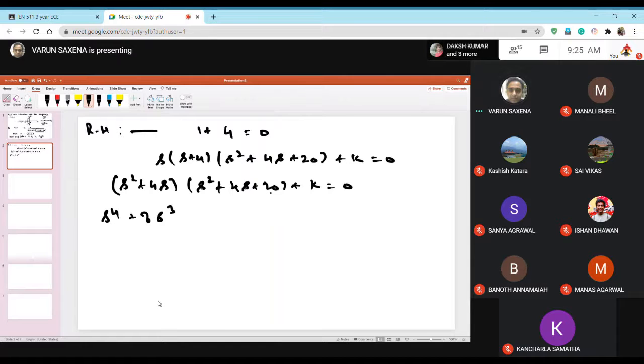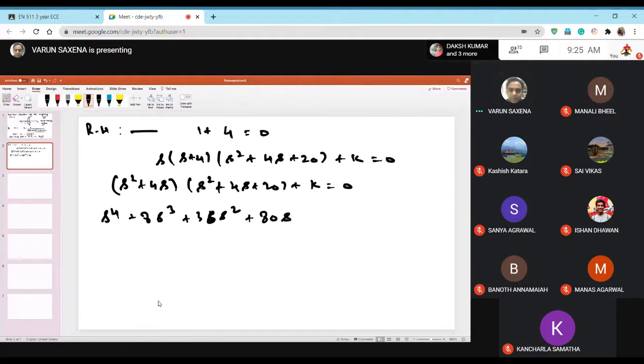Then you get 20S square plus 16S square, which is 36S square. Then you get 80S, right, plus K equals 0.